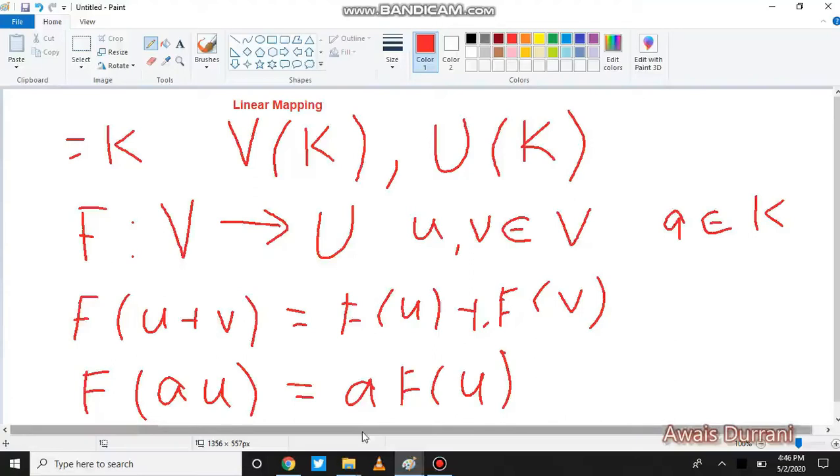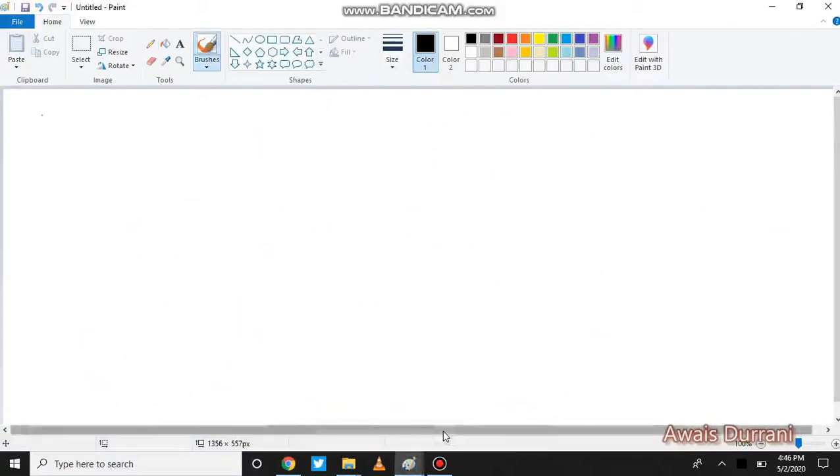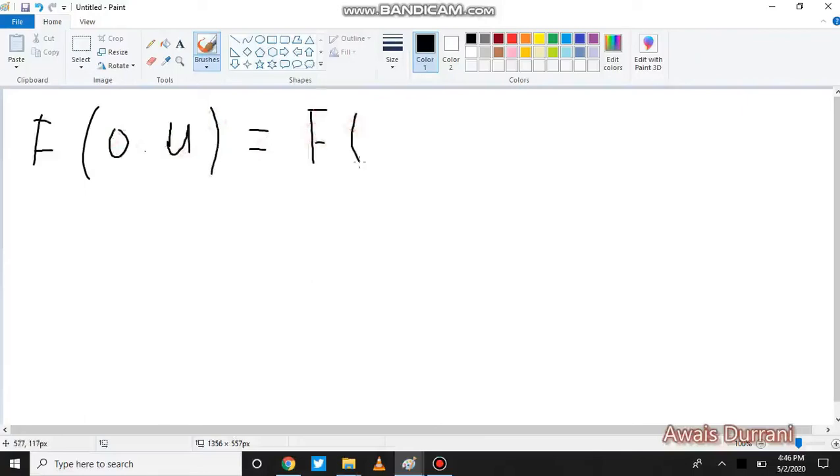the linear transformation, and there are specific properties of the linear transformation F. For example, if you look into the second property, you will see that if I put alpha equals 0, then it becomes 0 dot u, which we can say is f of 0 u.